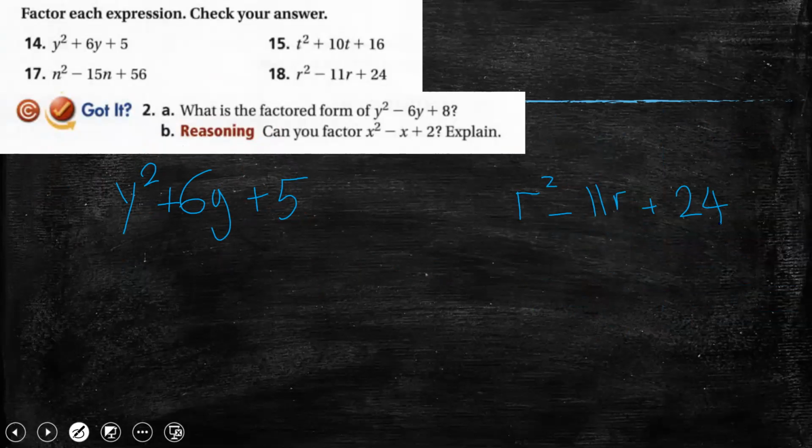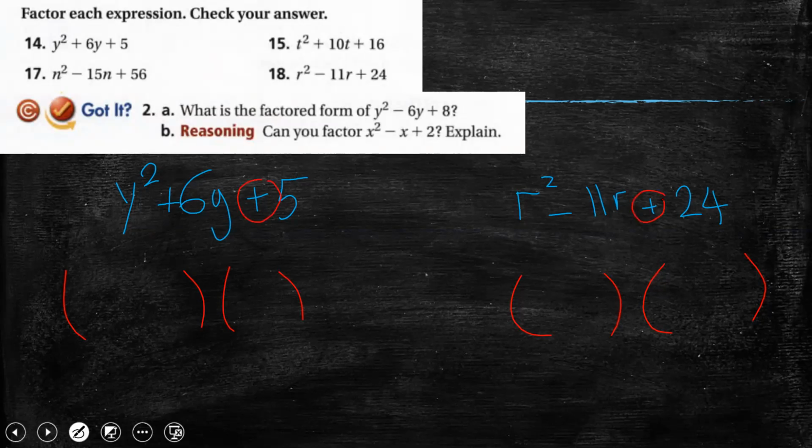Now, the first thing I want you to know before going to talk about the last case is that the first step, if you want to factorize any expression, is to look at the sign of c.